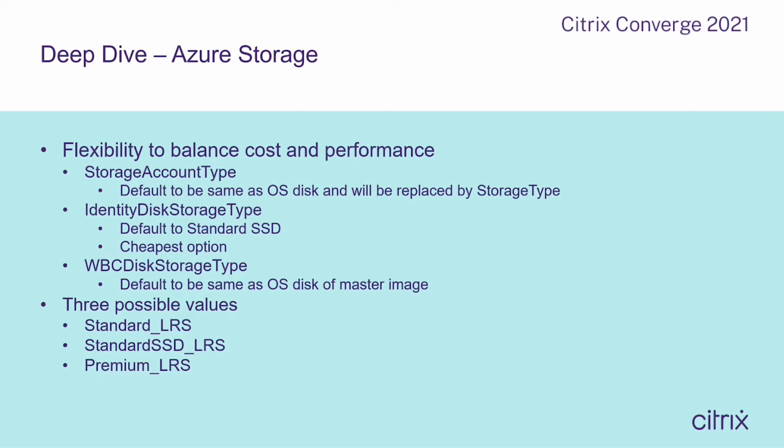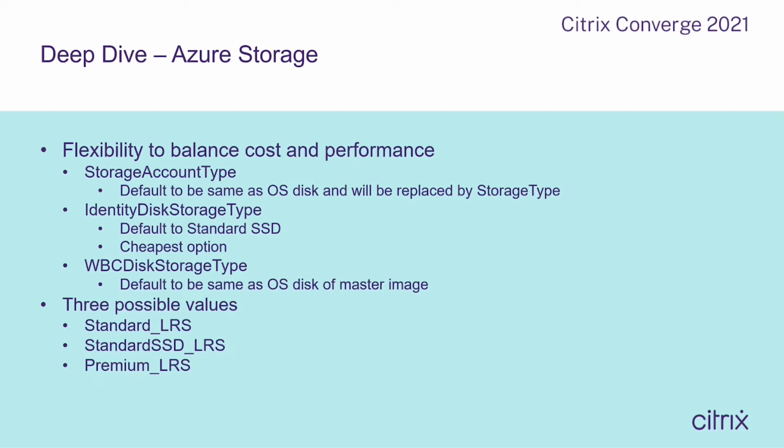Starting with storage account type. This is the default: if you don't set it, it will be the same as the OS disk. It will be replaced by storage type, because storage account type was for historical reasons, since that was the name in the past.